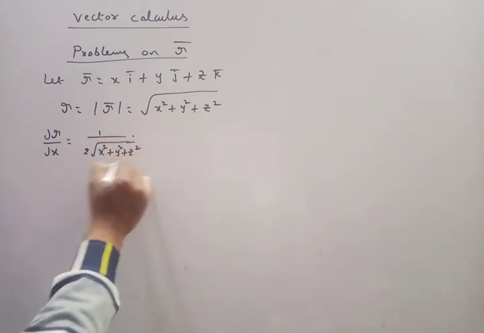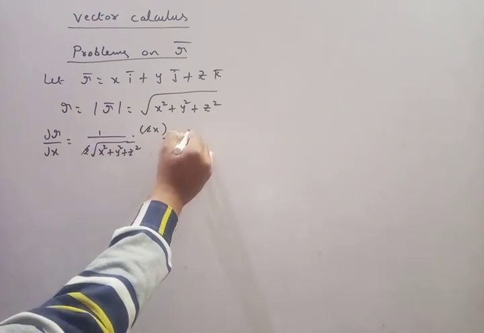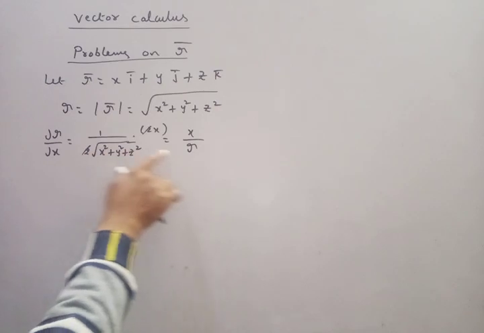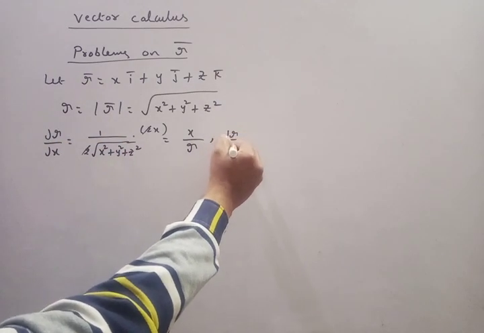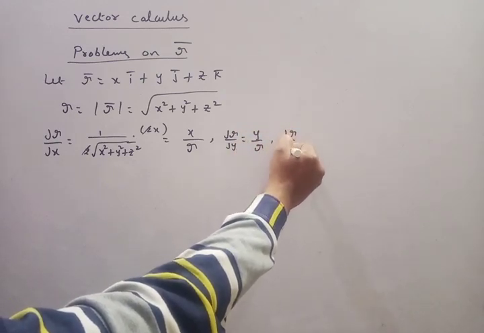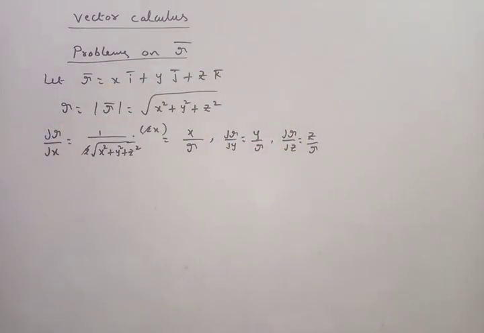By chain rule, differentiation of this part will give you 2x. So this 2 and 2 get cancelled. I get x by this value, which is r. So dou r by dou x is x by r. Similarly, dou r by dou y is y by r, and dou r by dou z is z by r. This is the general data we use when we are solving the problems on R bar.